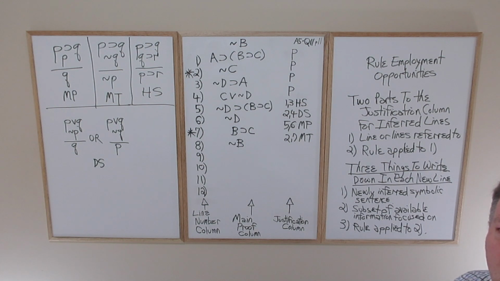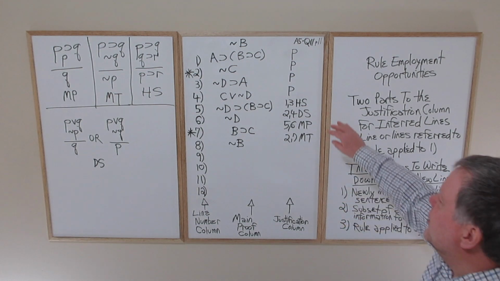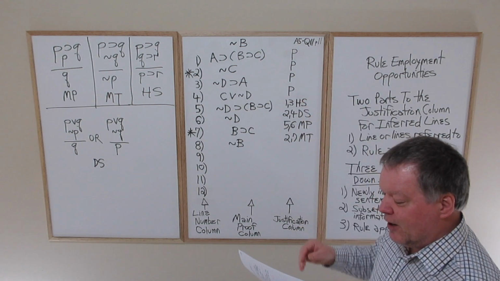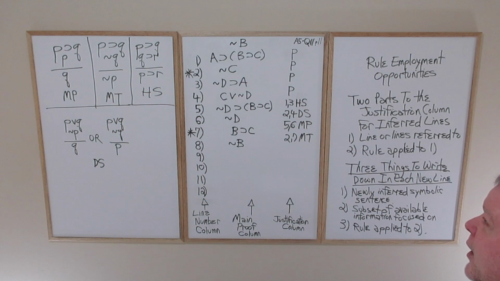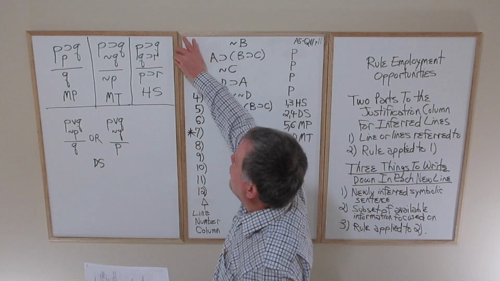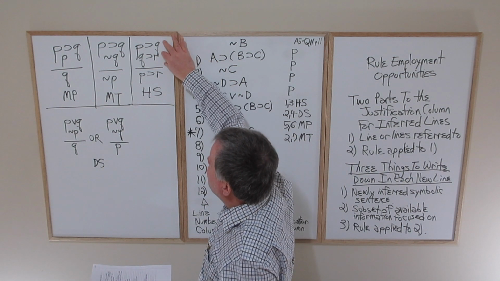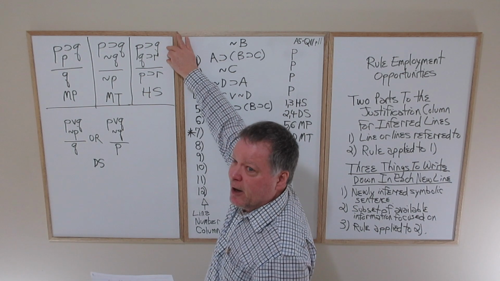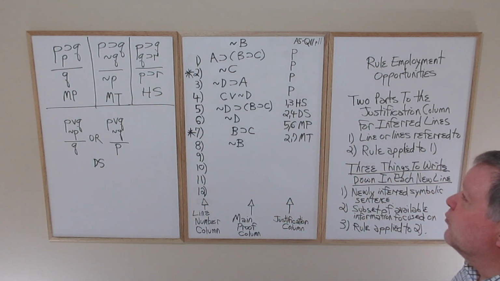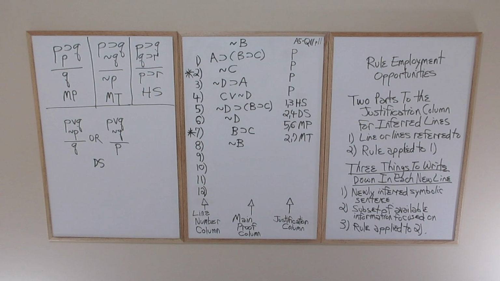That is to say, looking for a subset of information in your available data set that satisfies the rule employment requirements for one of the rules. The rule employment requirements are just the sentences above the horizontal line in the template for that rule in any order.